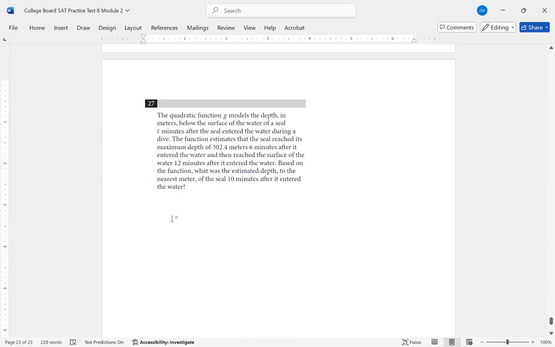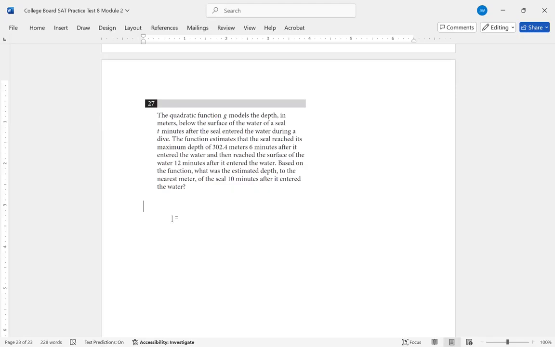Question 27. The quadratic function g models the depth in meters below the surface of the water of a seal t minutes after the seal entered the water during a dive. So the function estimates that the seal reached its maximum depth of 302.4 meters 6 minutes after it entered the water, then reached the surface of the water 12 minutes after it entered the water.